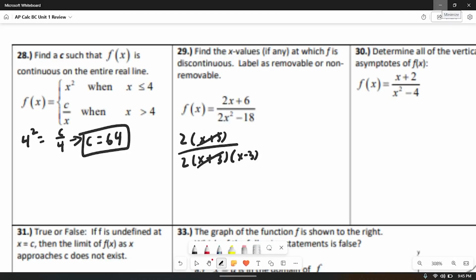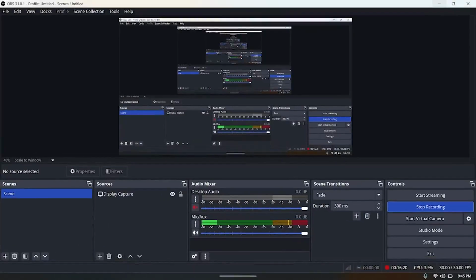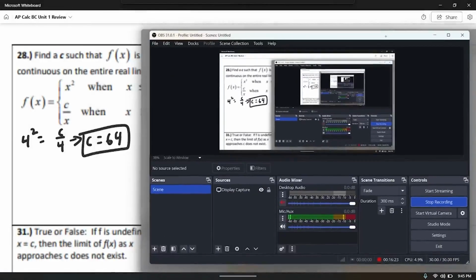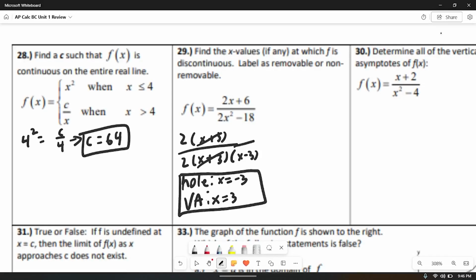The x plus 3's cancel out, and the 2's also cancel out, so we're just left with 1 over x minus 3. So now since these canceled out, this is a hole. So we have a hole, or a removable discontinuity at x equals negative 3, and we have a vertical asymptote at x equals 3. And that's our solutions.